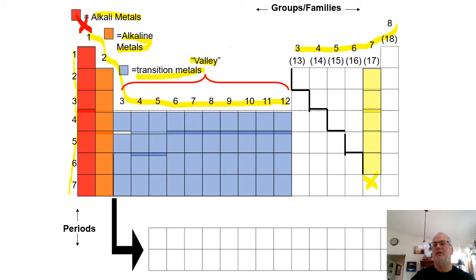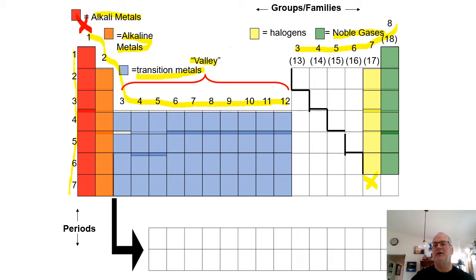Then we're going to skip way over here to 17. This is going to be the halogen family, and they're going to be colored yellow. And then we will have the noble gas family, which is family number 18, and we will be coloring that one green.